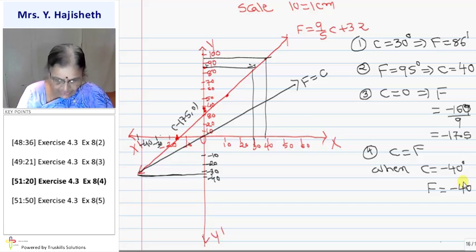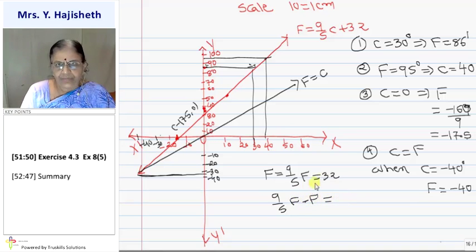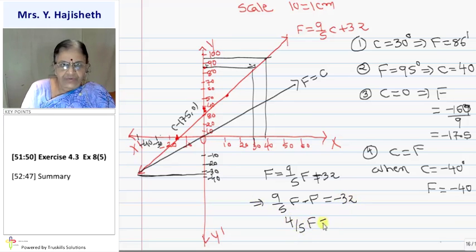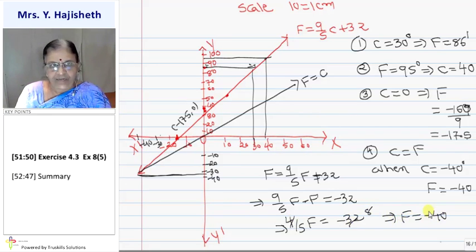So what will we do? We put C equal to F in the equation. So F = 9/5 F + 32. Then 9/5 F minus F is -32. Algebraically, 4/5 F = -32. So F is -40. Clear?